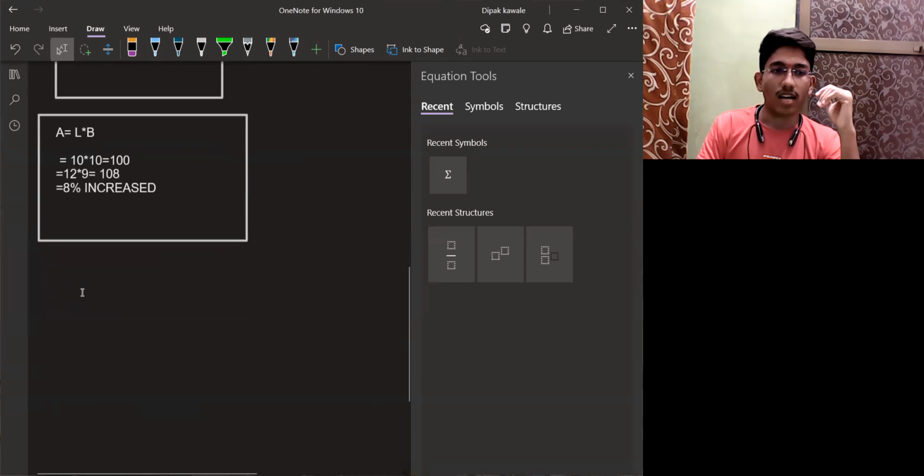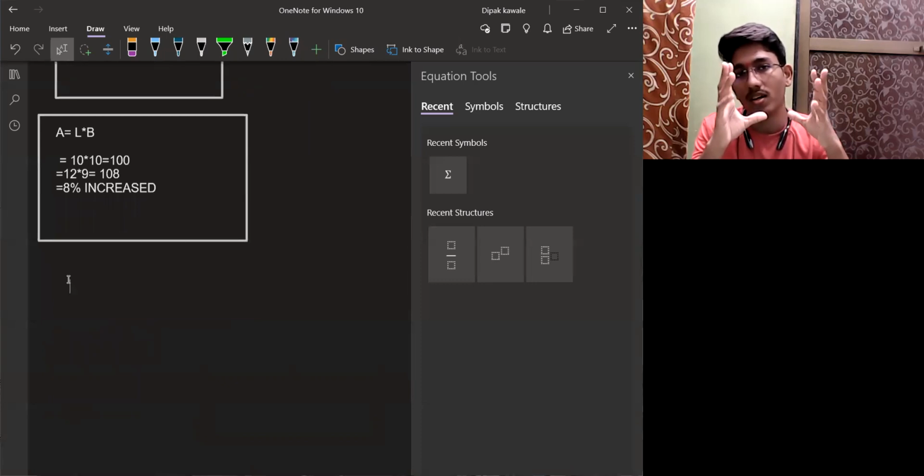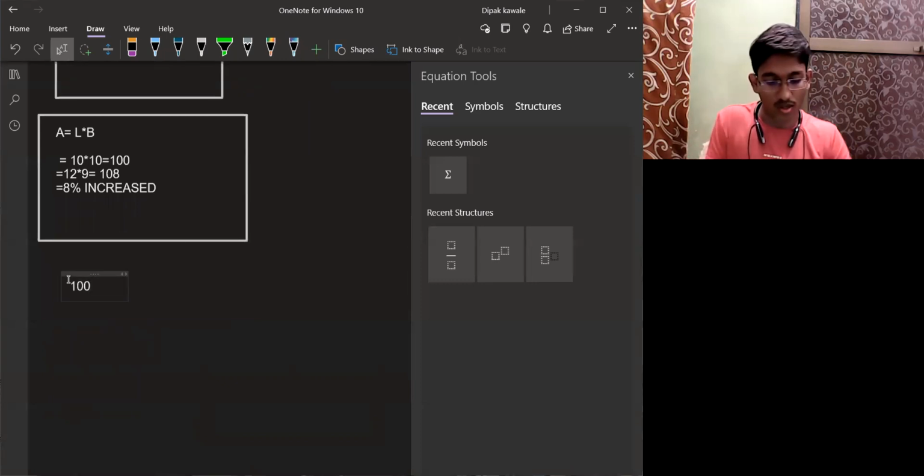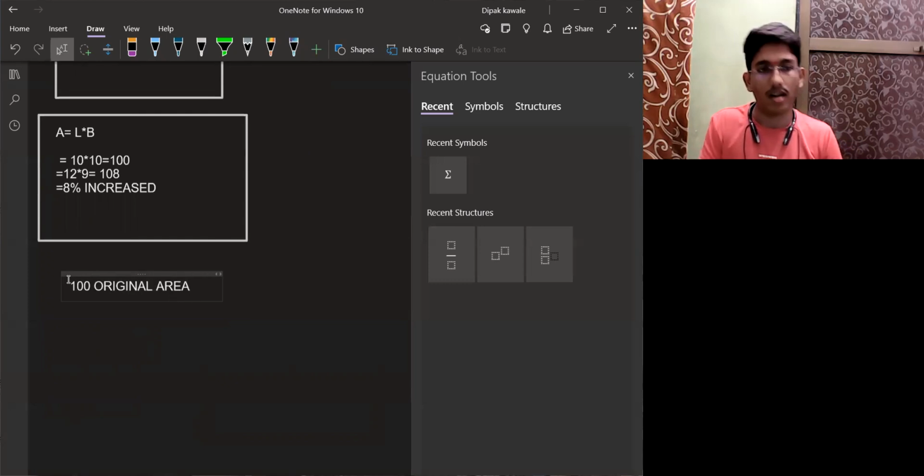So guys, let's assume now in this situation I will be directly assuming that my original area is 100. Okay, sir, if my length is increasing, then definitely my area will be changed.